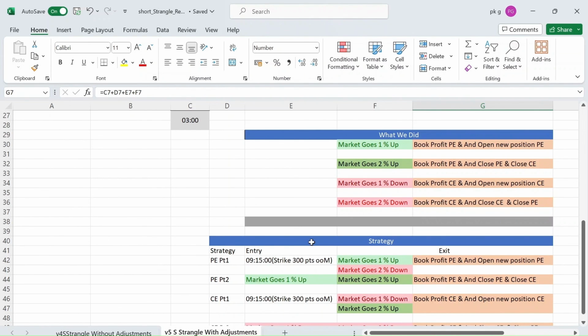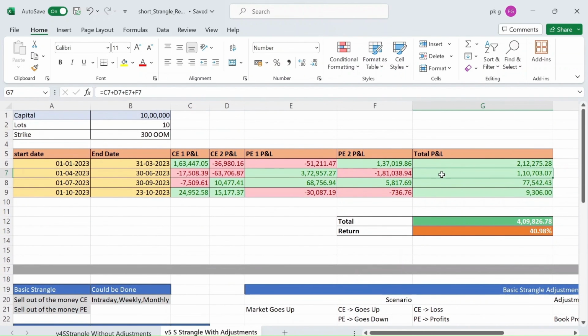If it made like 1% movement down, then I will again adjust CE or PE like that. But there is no functionality in Streak currently that can help us check the price movement from the high of the day or from the low of the day in the current trading day. So because of that, we have to do some trade-offs like this.